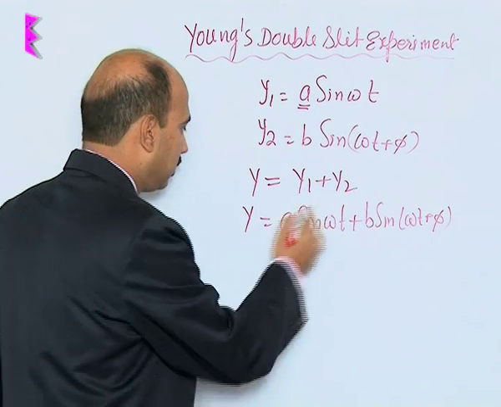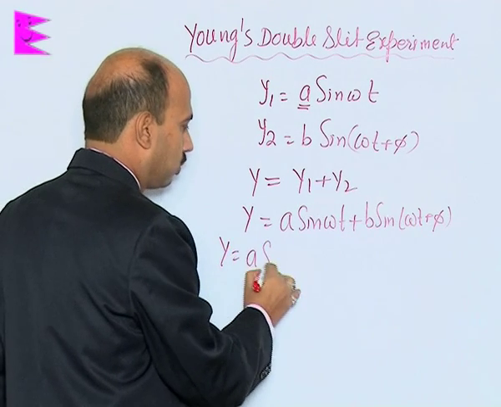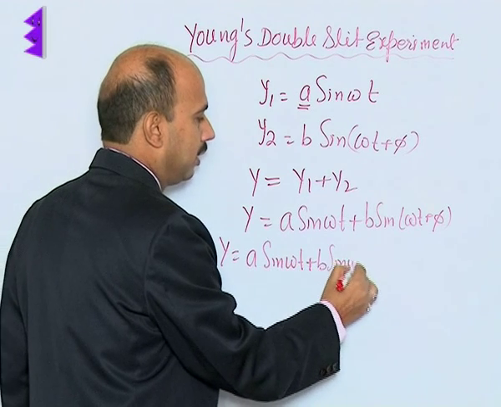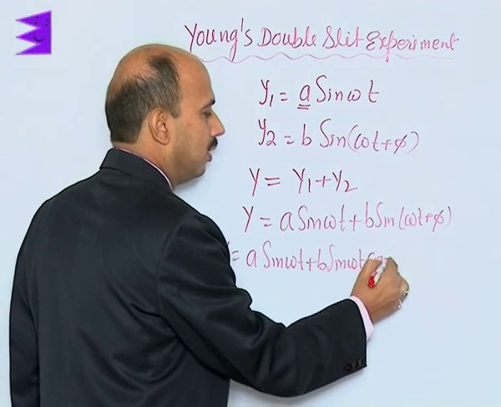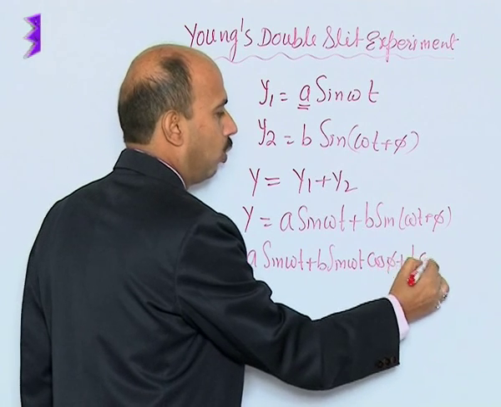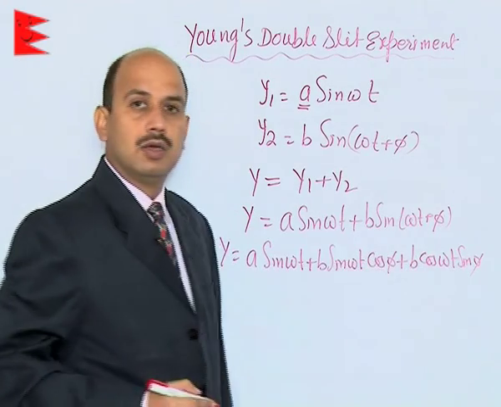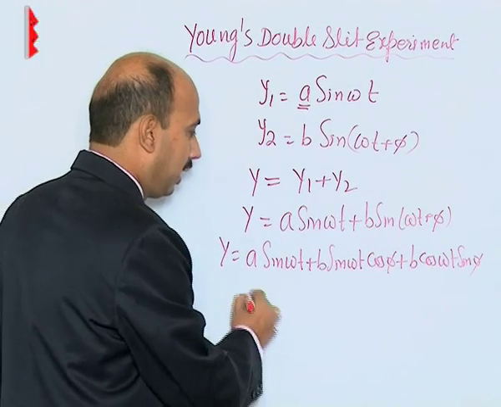Now we can solve it and we can get y is equal to a sin omega t plus b sin omega t cos phi plus b cos omega t sin phi. So now we can solve it here again.